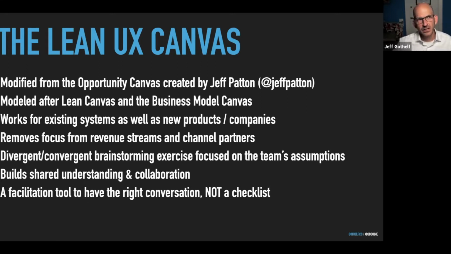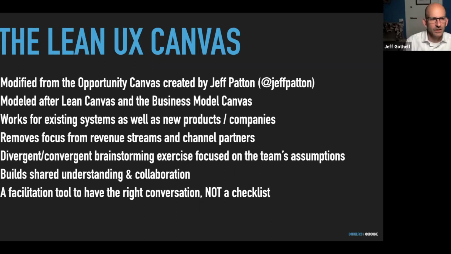So if you look at the business model canvas, it has boxes for channel partners and revenue streams and things like that. We actually removed that because I think the business model canvas sits a bit higher in the conversation. It's a strategic business level or business unit level conversation, whereas the Lean UX canvas is a bit more tactical than that.